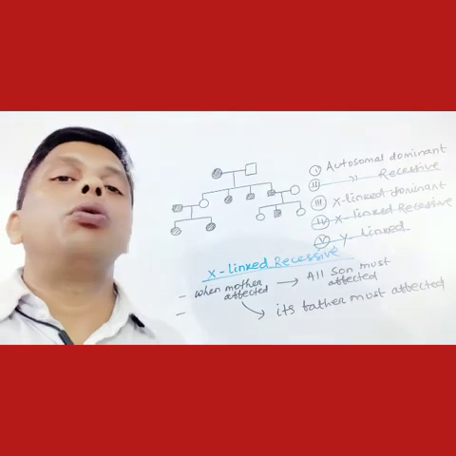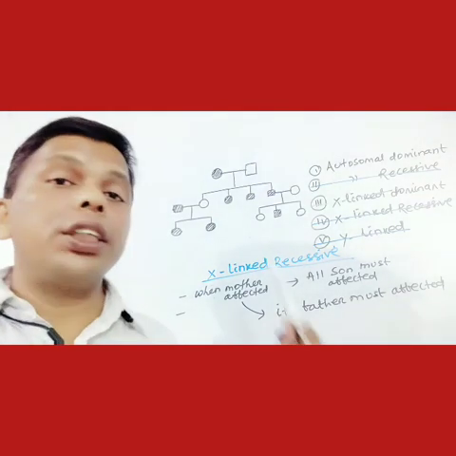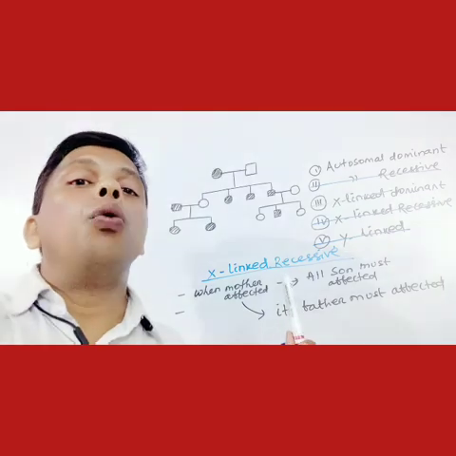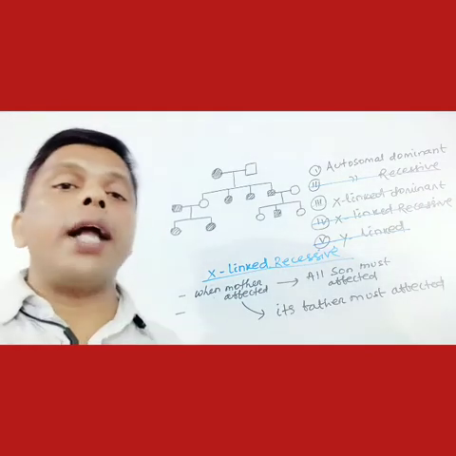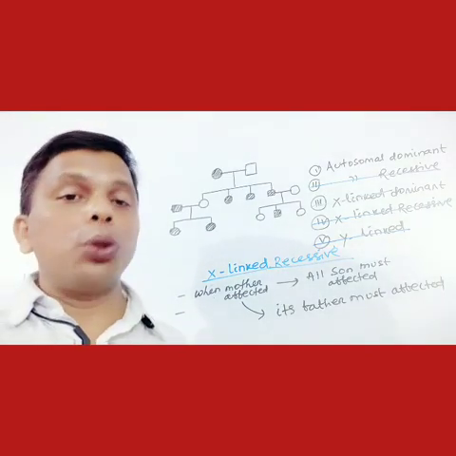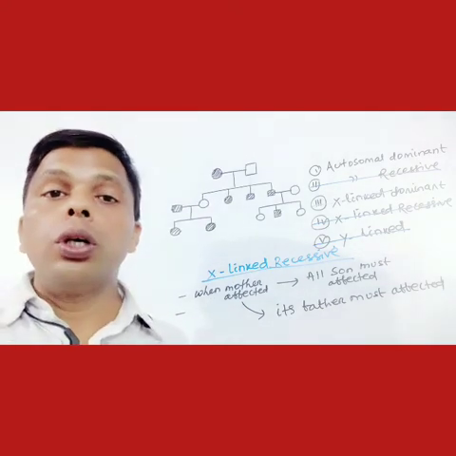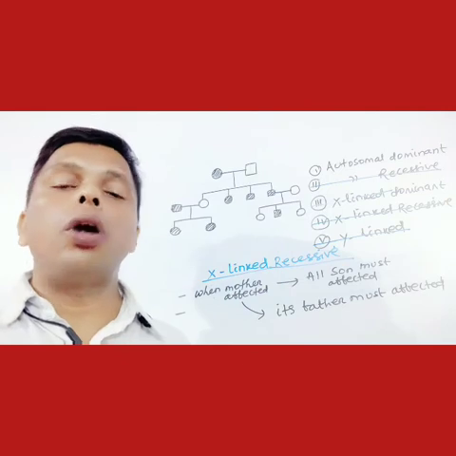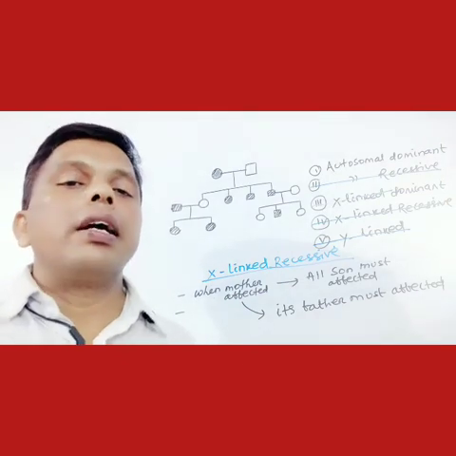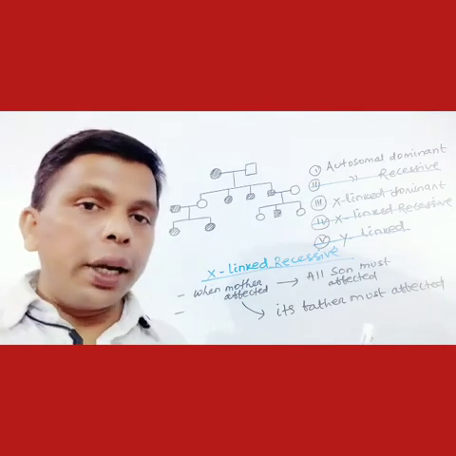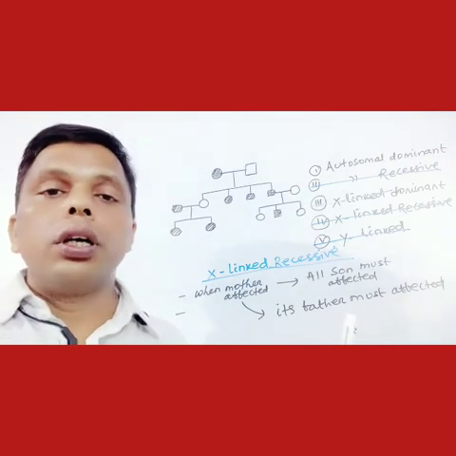Think why it is X-linked recessive. It is not appearing in the daughter because the daughter is receiving one X chromosome from the father, which is normal type. So the daughter became normal. From the mother, it is always transmitted to the son only. We have to consider both X-linked dominant and X-linked recessive.